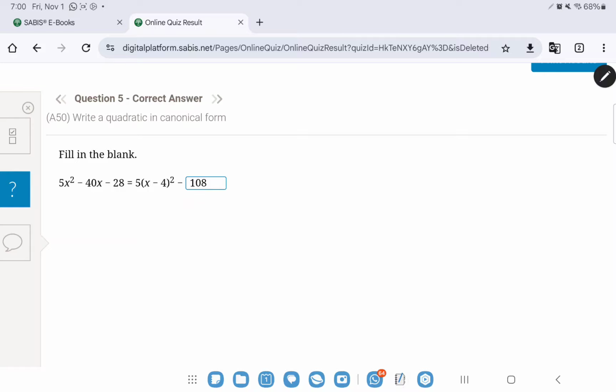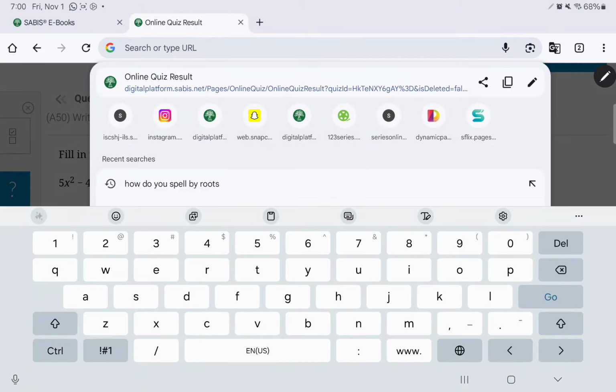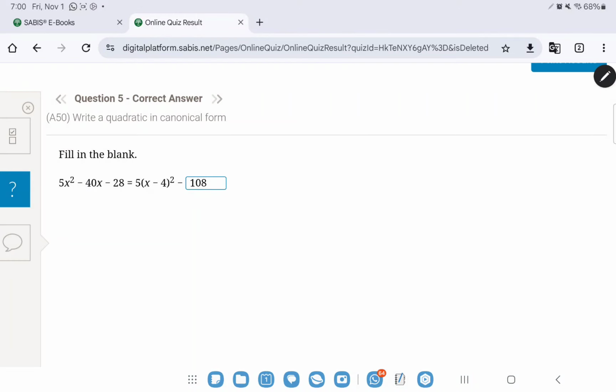Let's start. So we know our canonical form equation is, what's this? Oh my gosh.